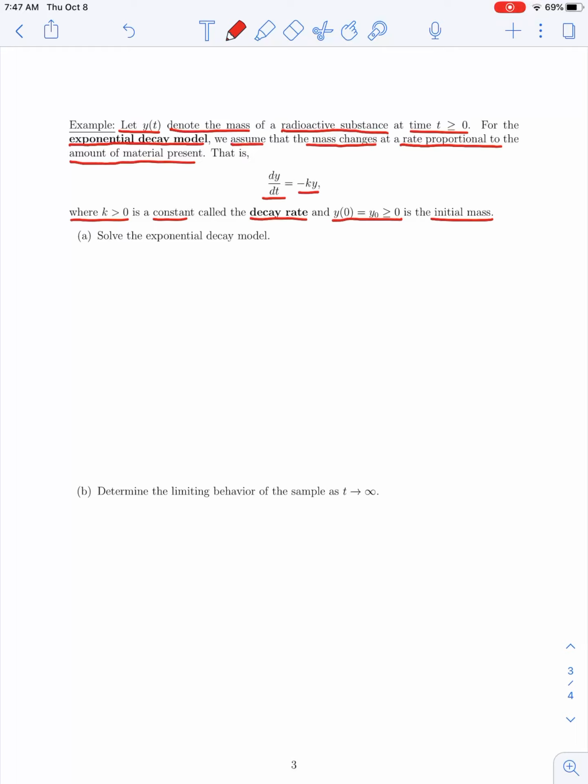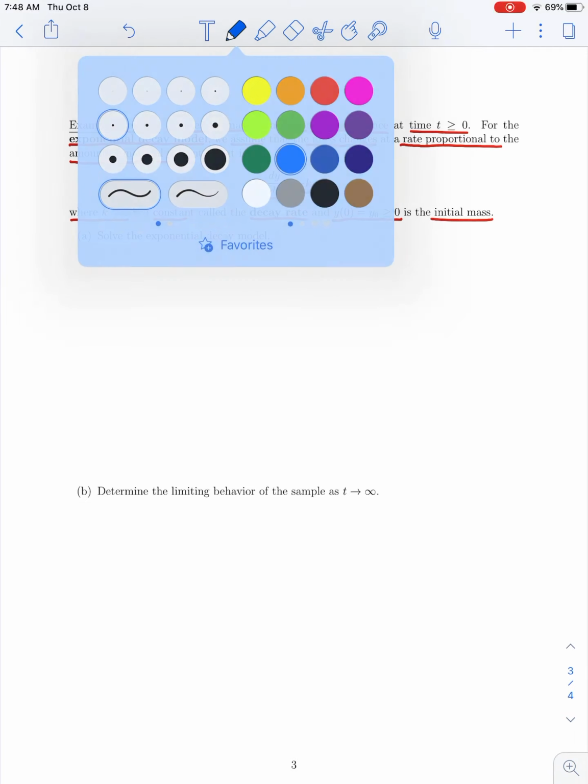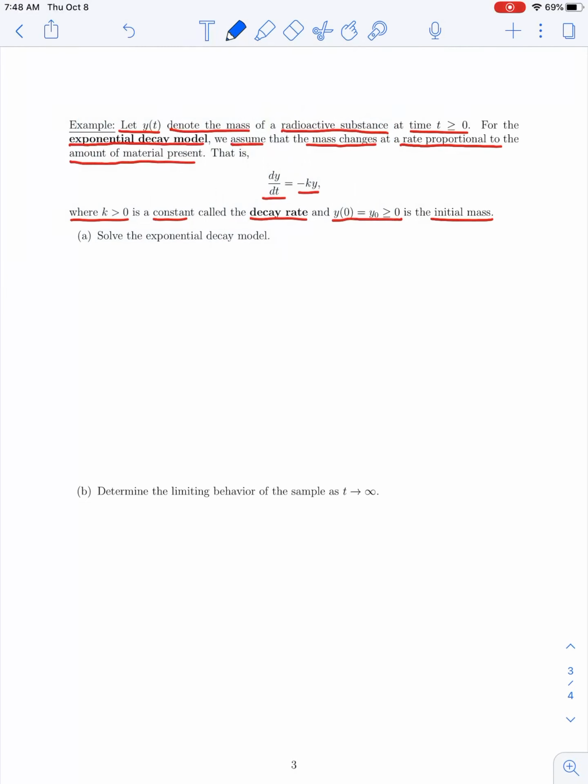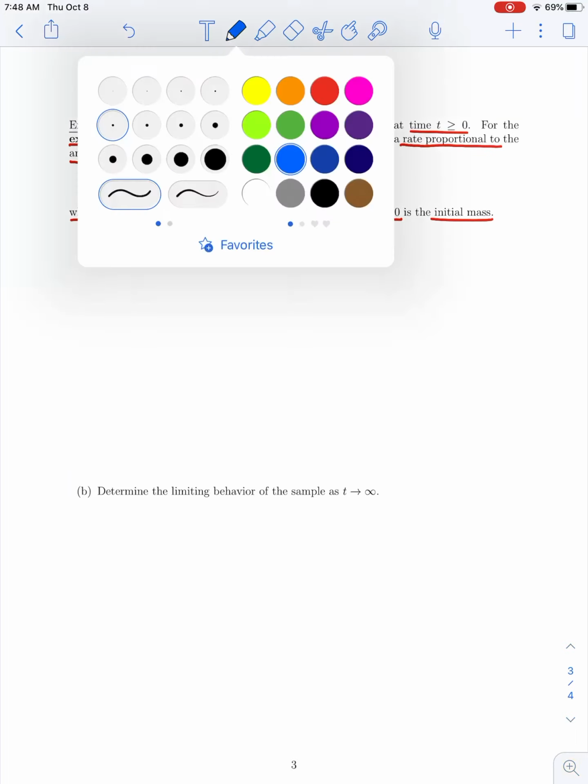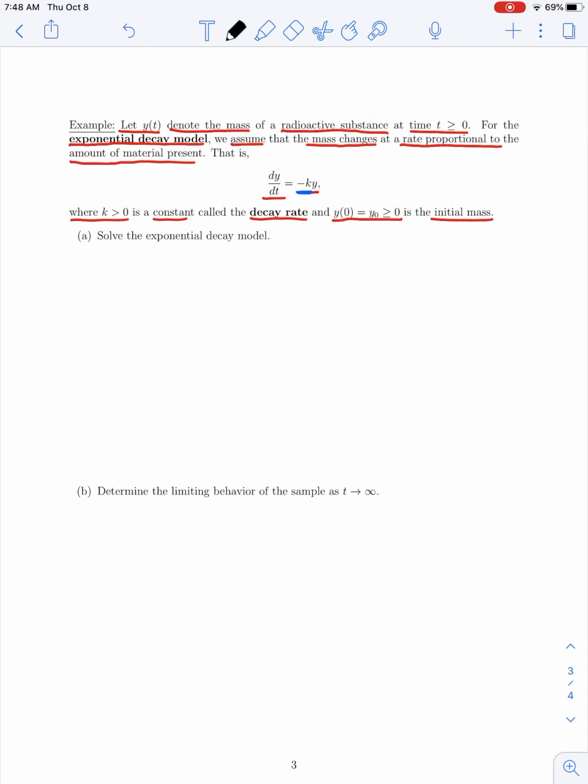So in part A of this problem, we're supposed to solve this exponential decay model, and we can see that it's almost identical to the exponential growth model. The only difference is that the constant r for the exponential growth model is replaced by a constant negative k. So let's go about solving this in the same way.